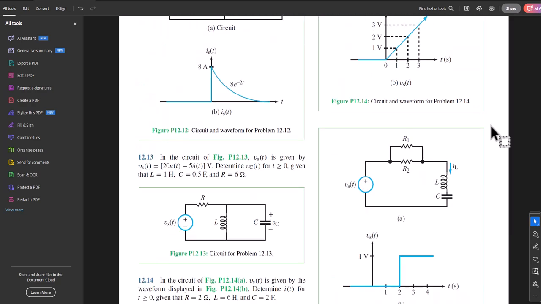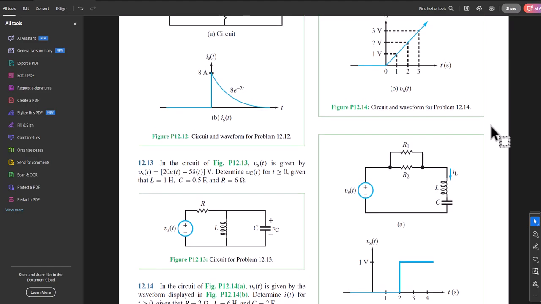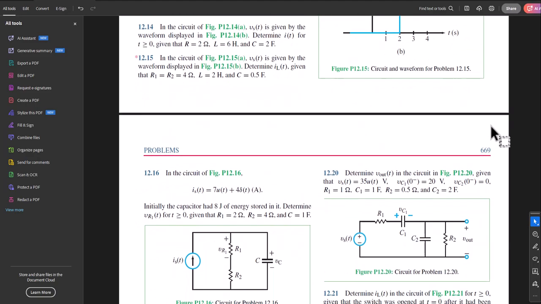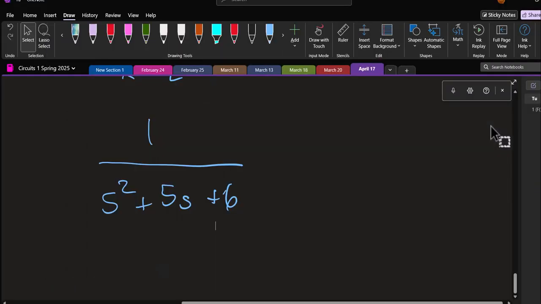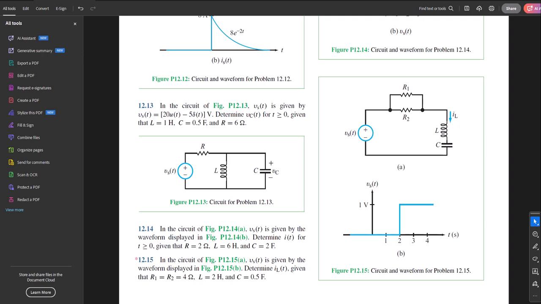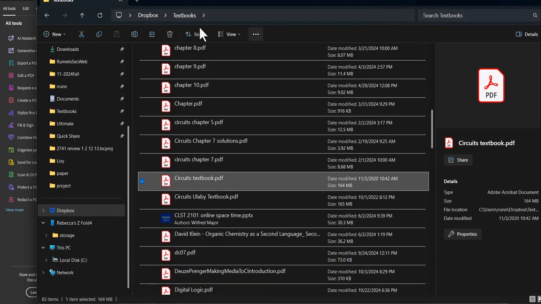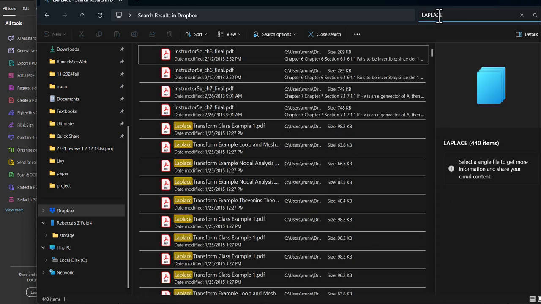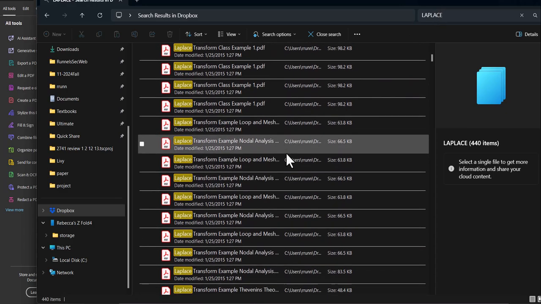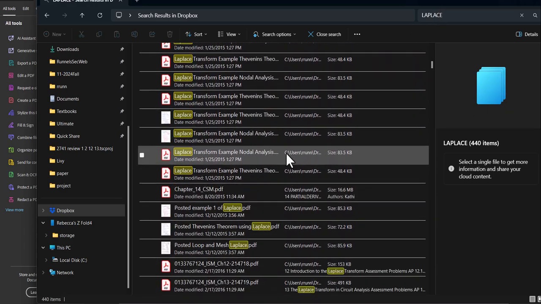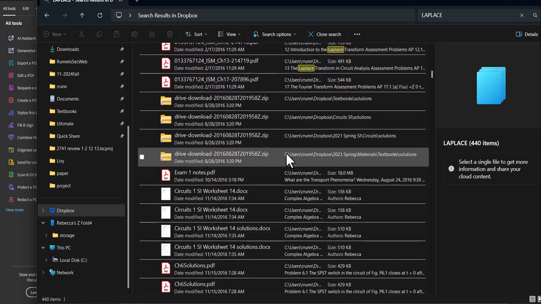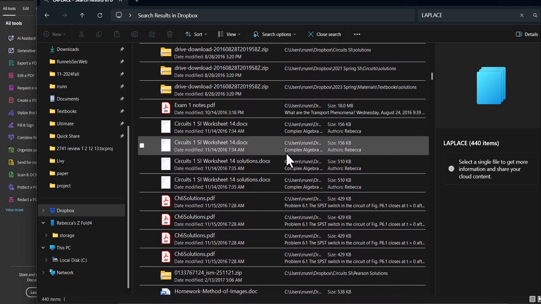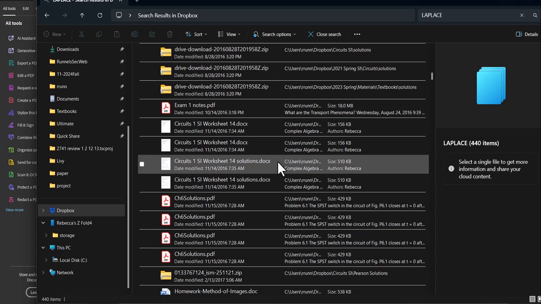Okay, let's get, and if I recall, all these were hard. I should have one on a worksheet. Just have to find it. I'm not going to find it in time. Pressure. Circuits 1, worksheet 14, solutions.